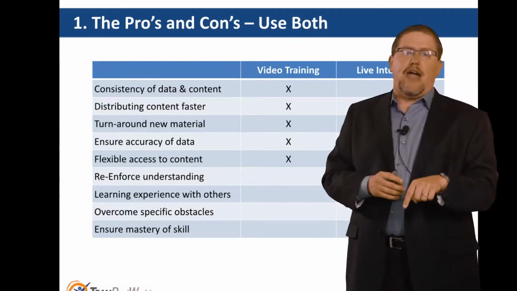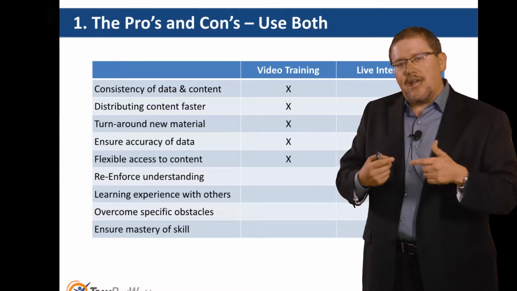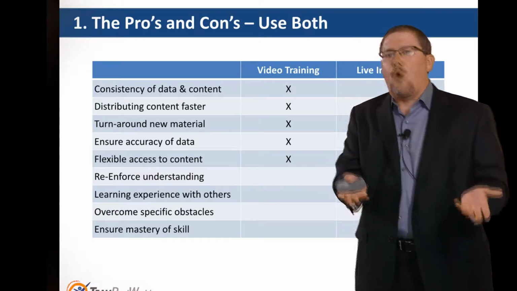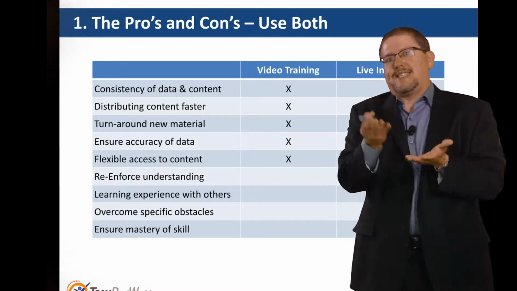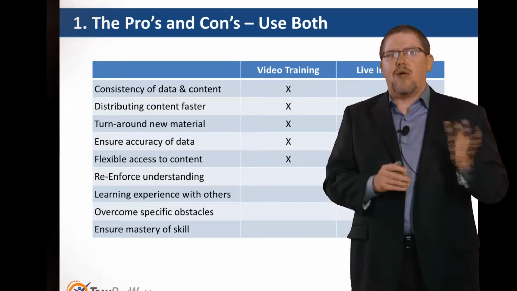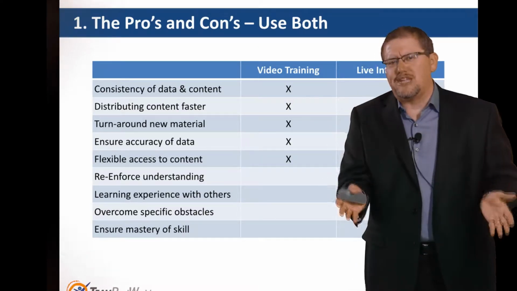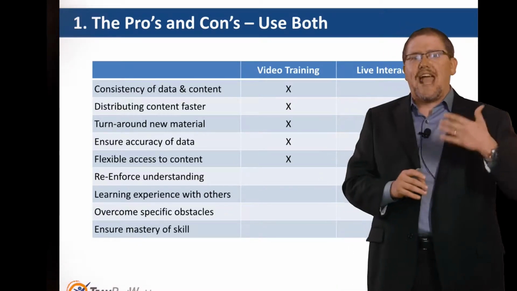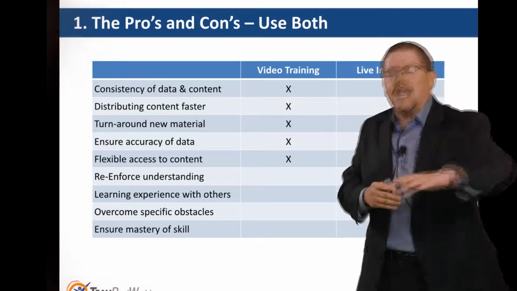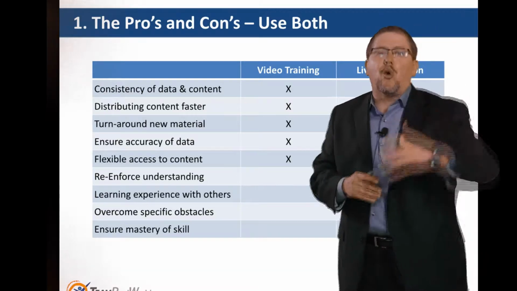Third, the turnaround factor. Once you get started, you're going to find out that people are going to make requests. People are going to say, hey, look, you guys skipped a module, or you skipped a set, or you made a mistake on one of the videos, or hey, that didn't make sense, we need you to expand, or whatever the reason is for having to do another video. Well, you can turn that around a lot faster and get it out to everybody with a quick turnaround.